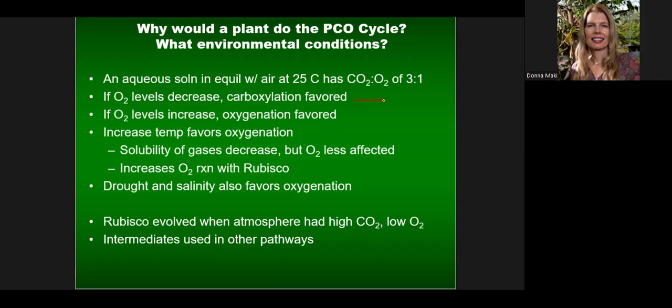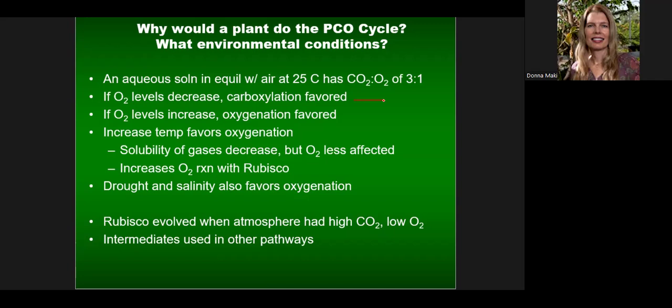Back then, there wasn't oxygen in our atmosphere. Rubisco never even had to think about it because oxygen wasn't there. So Rubisco didn't evolve in the presence of oxygen.